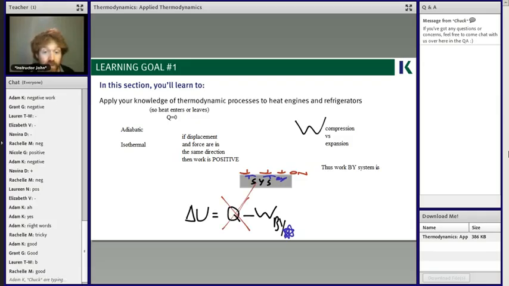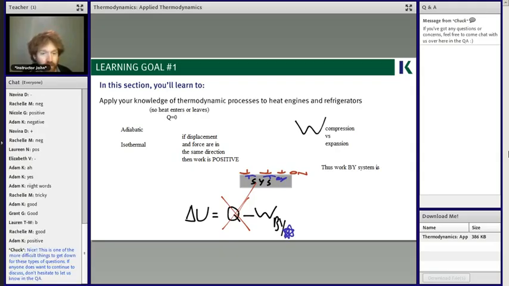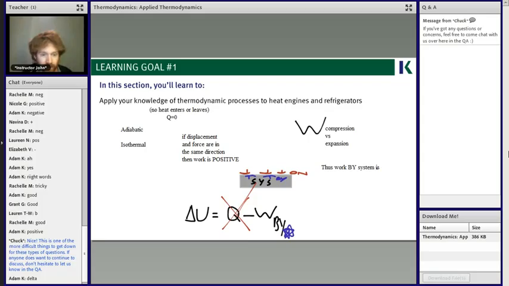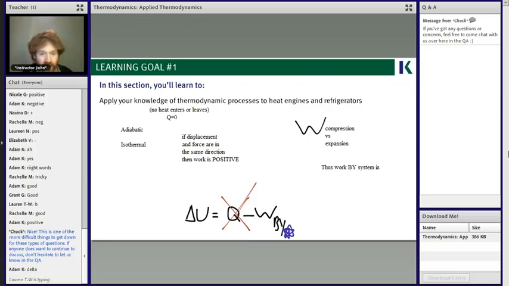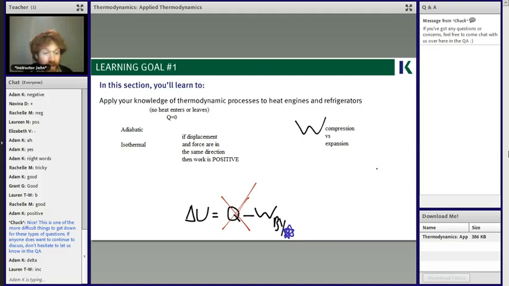So if you do have some work being done by the system, right, expansion, what's going to happen to your internal energy in an adiabatic expansion? If it's work done by the system, remember, expansion, is that positive work by the system or negative work by the system?